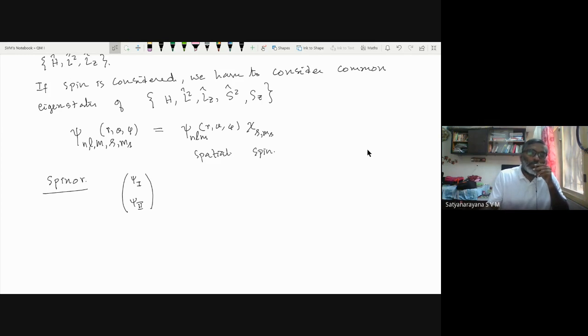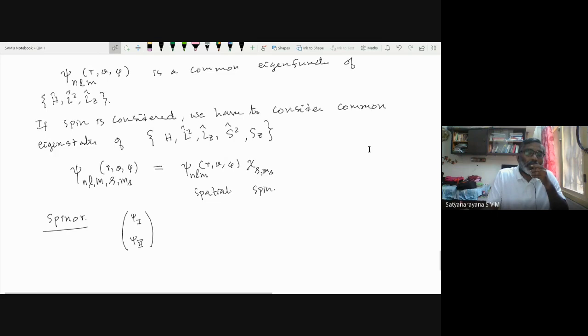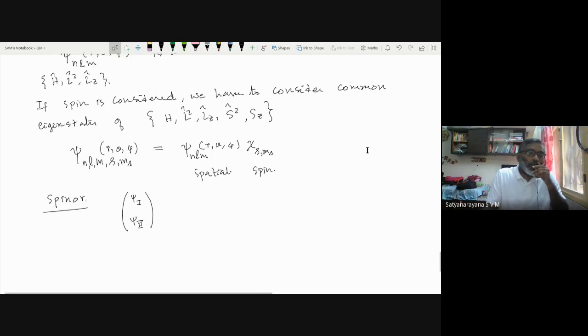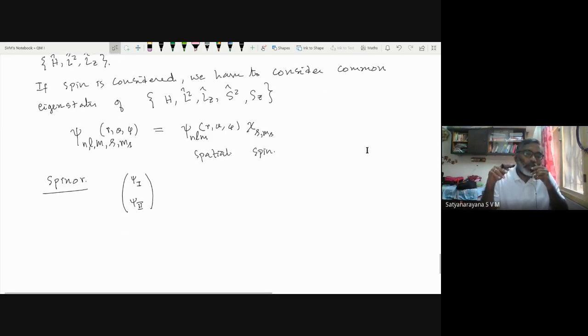Same Schrodinger equation, now you solve with a spinor, and your Hamiltonian will involve this sigma, which is a 2 by 2 matrix. So your entire operator will be 2 by 2 matrices. So wherever there is no spin, you have to put it as an identity 2 by 2 matrix.